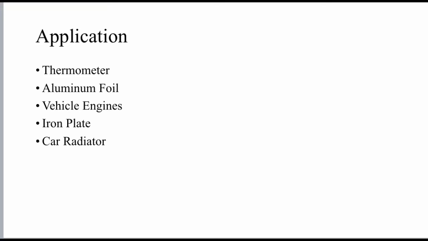Third, iron is common for heat conduction in the manufacture of vehicle engines. Next, an iron plate is made of steel which briskly absorbs heat. Lastly, in a car radiator, conductors are used to remove heat away from the engine.